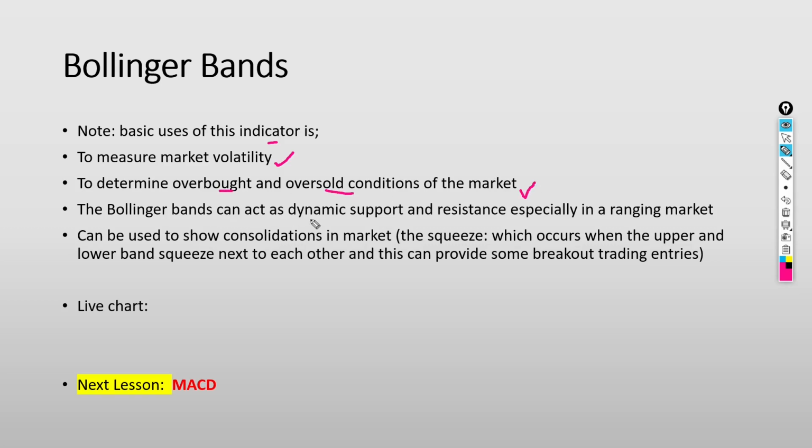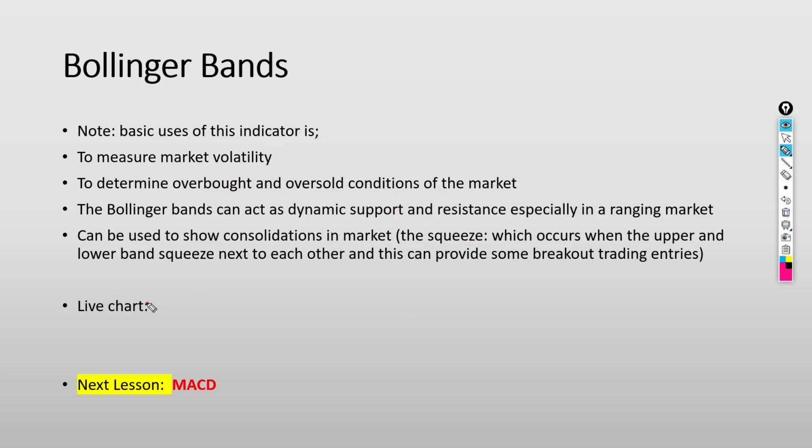And then Bollinger Bands can act as dynamic support and resistance, especially in a ranging market. So they can also be used to show what we call the consolidations or the sideways market. And this happens on what traders call the squeeze. So this occurs when the upper band and the lower band are next to each other, and this can provide some breakout trading entries. We shall look at that more in our strategies.